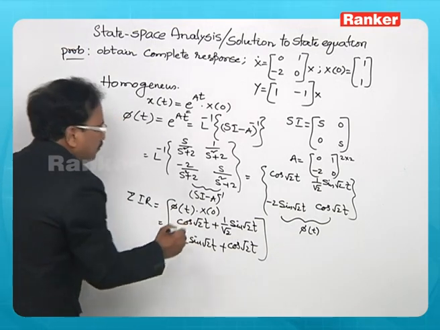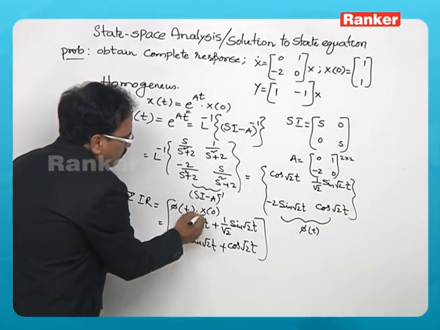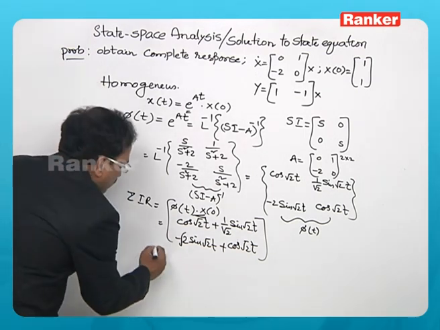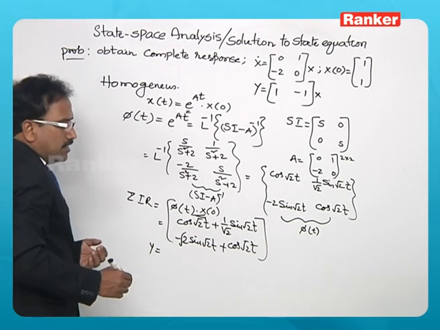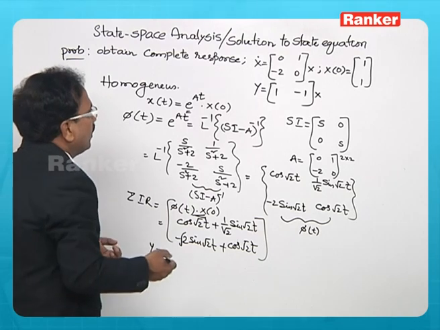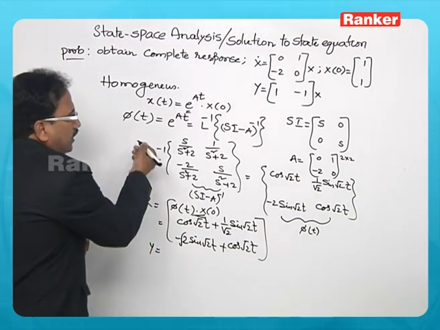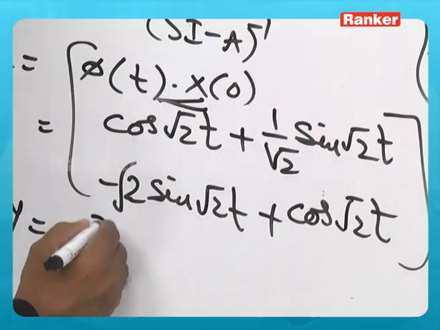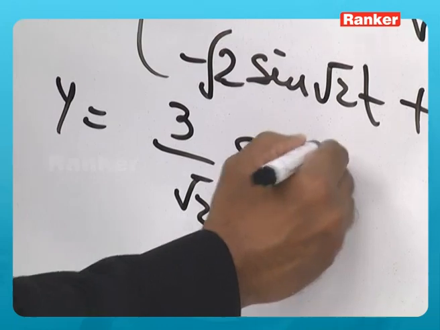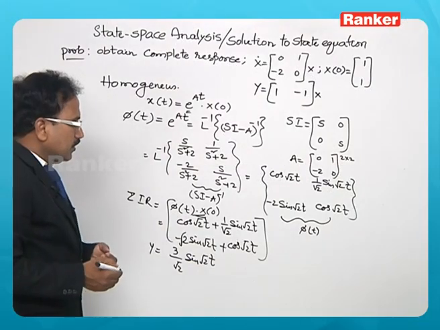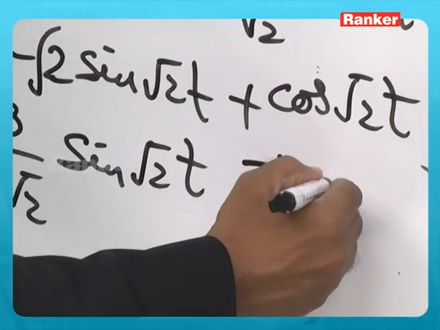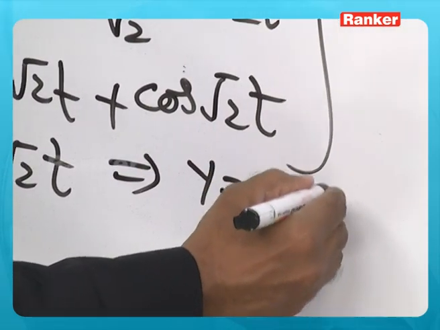So, this is the product of phi of t and x of 0, and the output of the system y is given as C into x. Now, x of t you could get here from phi of t. So, this is given by 3 by root 2 sine root 2 t. So, this y you obtained from y is equal to C into x of t.